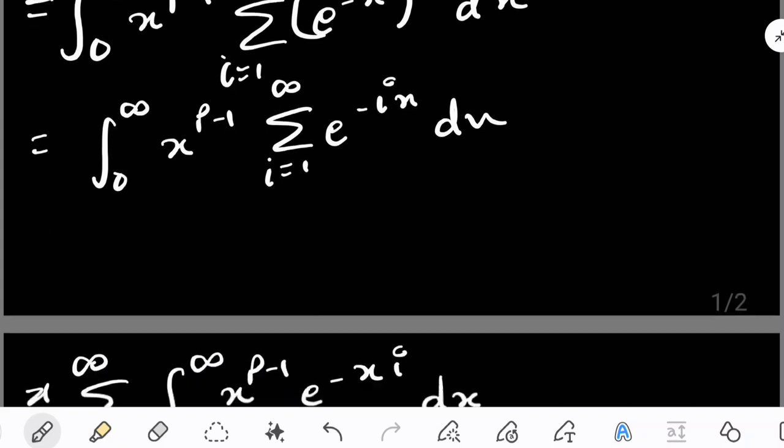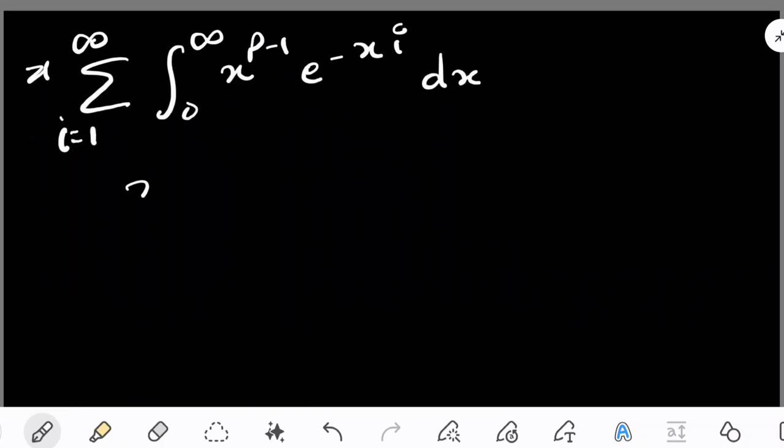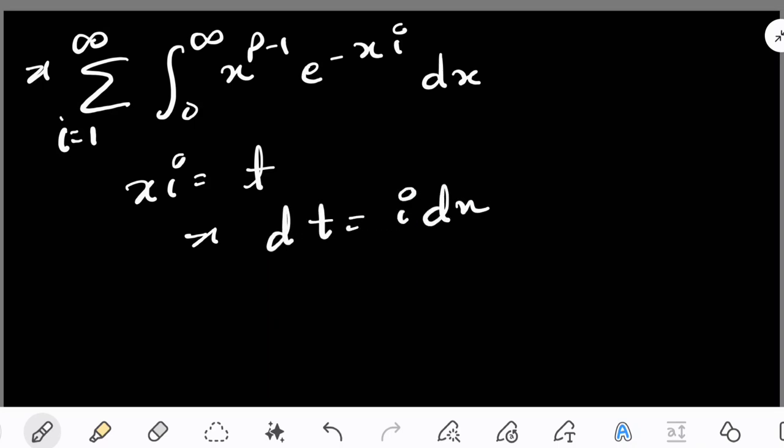Now just put ix equal to t, which means that dt is equal to i dx, or dx is equal to dt by i, and which means x is equal to t by i.